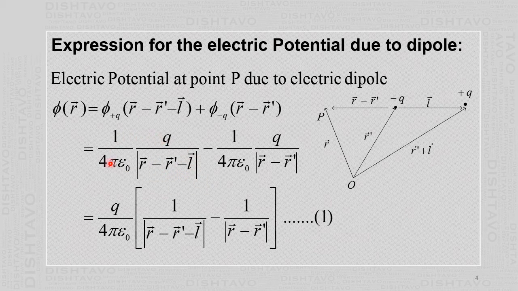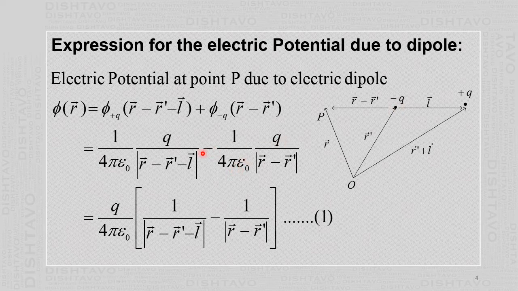The potential is a scalar quantity. So we take the distance of that point P from the point charge plus Q as modulus of vector r minus vector r dash minus vector L, because this is a scalar quantity. Then the potential at a point P due to minus Q is 1 upon 4 pi epsilon 0.